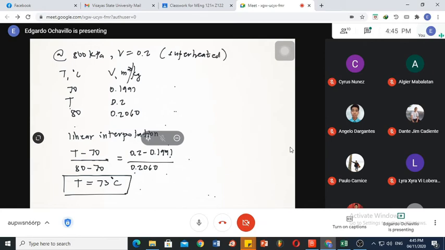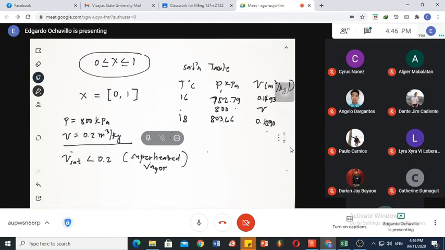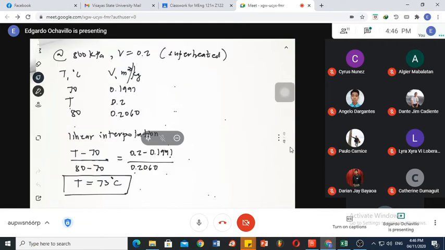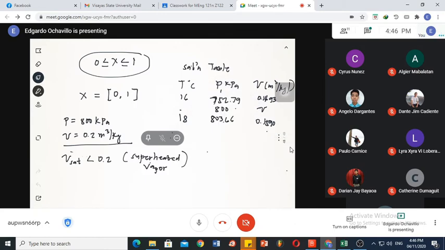By our definition of the saturated vapor, we have here 73 degrees Celsius, and based on the saturated table, our result is 73, which is obviously higher than the saturation temperature, right?